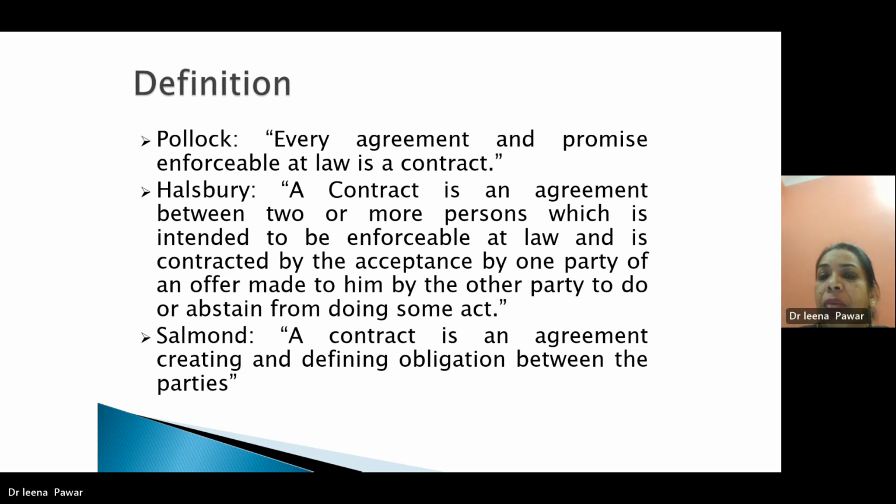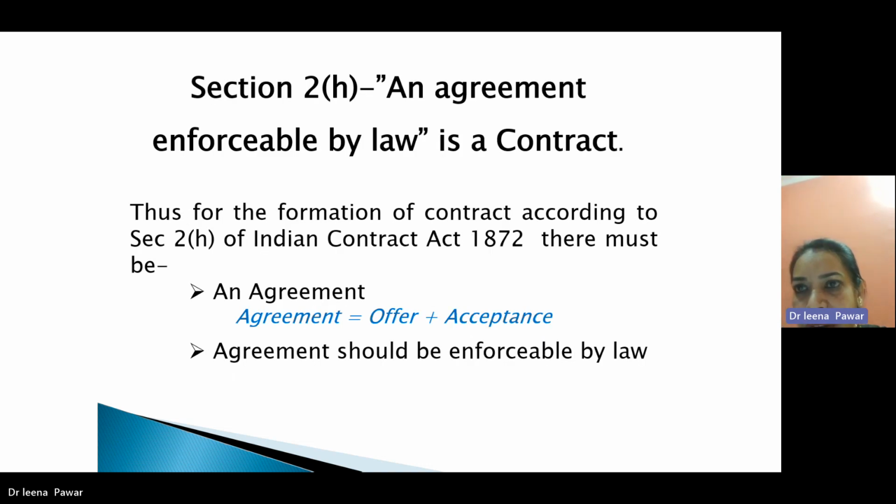But when we go to the definition given under Section 2(h) of the Indian Contract Act, it defines a contract as an agreement which is enforceable by law. Our Indian Contract Act simply says there should be an agreement which is enforceable by law.